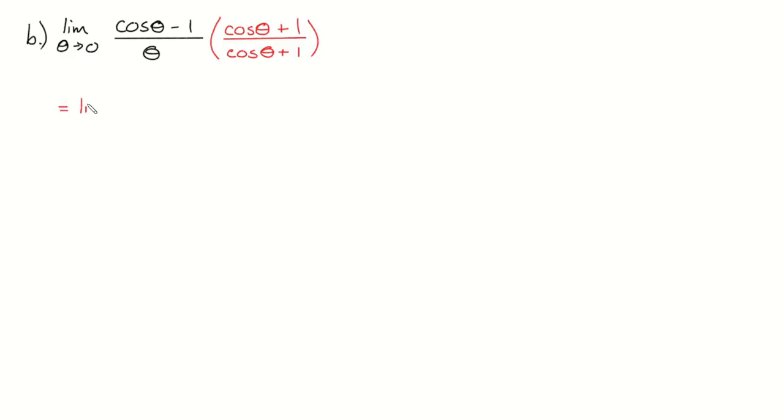So we now have the limit as theta goes to 0. And I'll do the denominator. Looks like it's theta times cos theta plus 1. What does my numerator turn into, though?